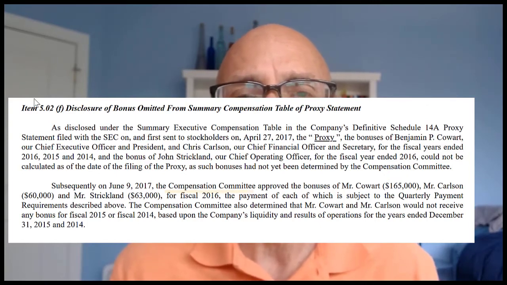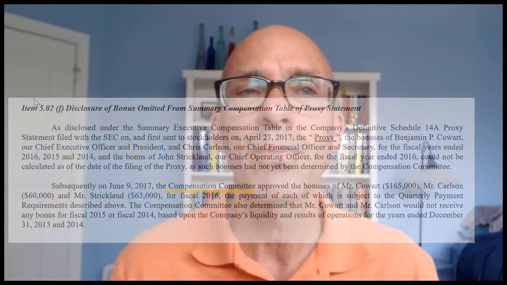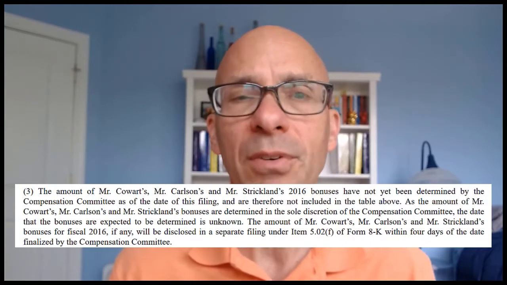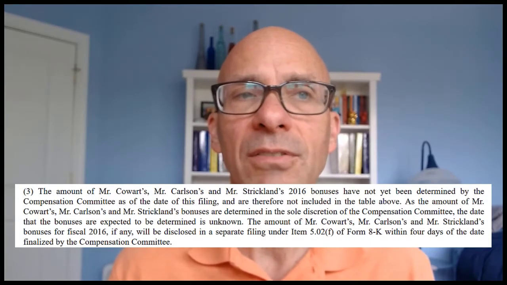The trigger date here is the compensation committee approval, not the full board. And here it's flashed to the company's proxy statement, where you see in footnote 3 that the company discloses that an 8-K will be filed with the bonus information within 4 business days of it being known, which it subsequently did.